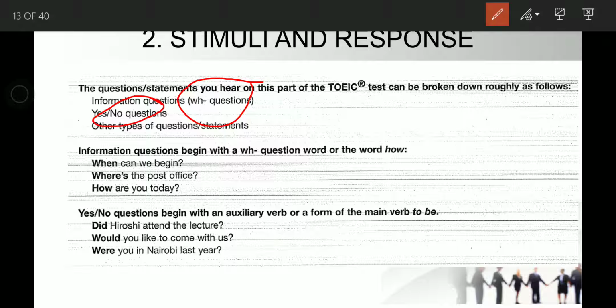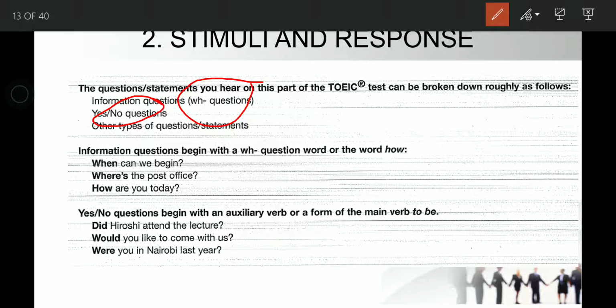And then a yes or no question, for example, are you handsome? The response must be yes or no, or maybe just a direct answer. If the stimulus is something like that, the correct response may be yes, or I am.